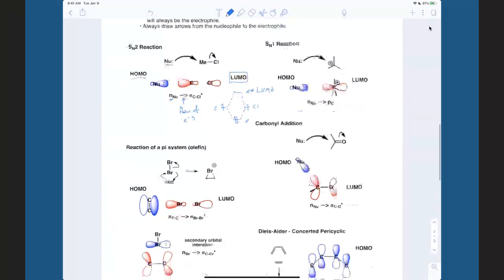The other options for anti-bonding orbitals or just unfilled orbitals in general: another could be a carbocation. In this case, we don't actually have a bond breaking. We just have this carbocation present that's empty. So we would see that the lone pair is interacting with the empty p orbital of a carbocation. This would just be the lone pair of a nucleophile interacting with the p orbital of a carbon.